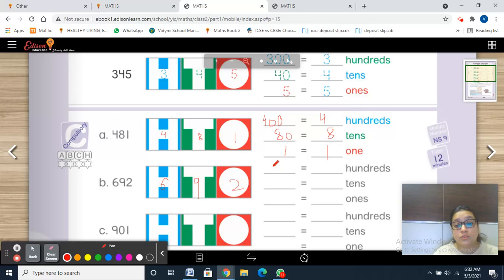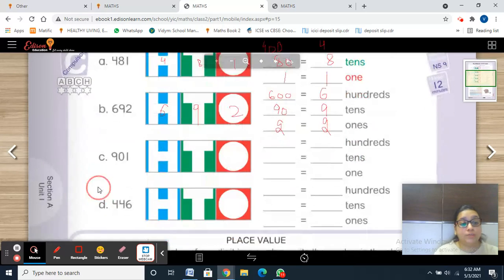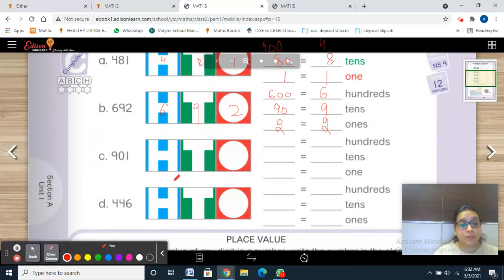692. The way you will say it, the way you will find the answer: 6 hundreds, 9 tens and 2 ones. Easy? Okay. Let's do question number C now. 901.